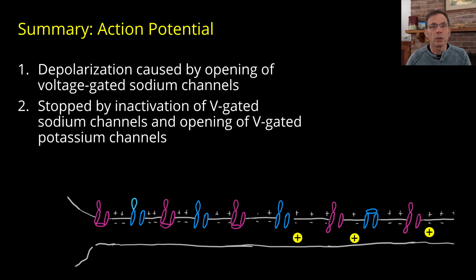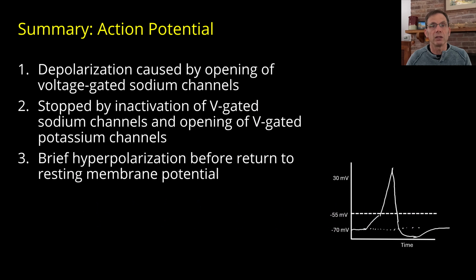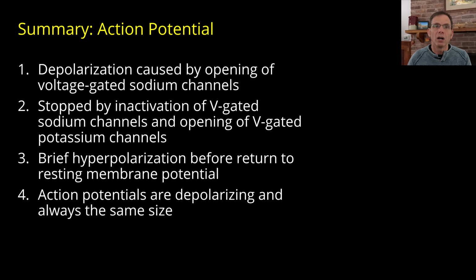As the cell repolarizes and then hyperpolarizes, the voltage-gated channels reassume their closed shape, and the neuron returns to its resting membrane potential as the sodium-potassium exchanger pumps ions back to their resting location. All action potentials are depolarizing, and all action potentials are the same size.